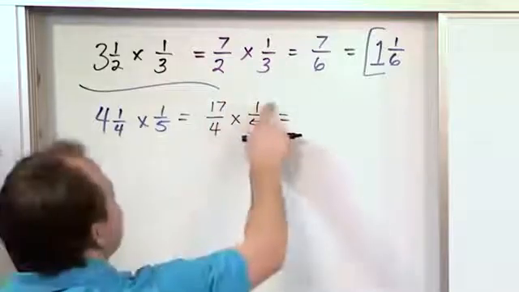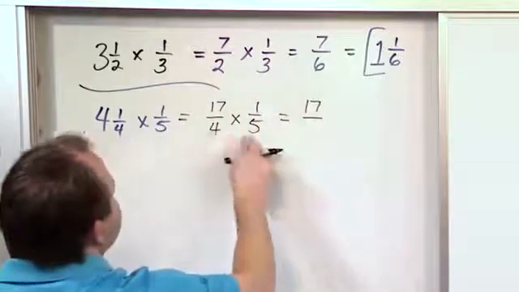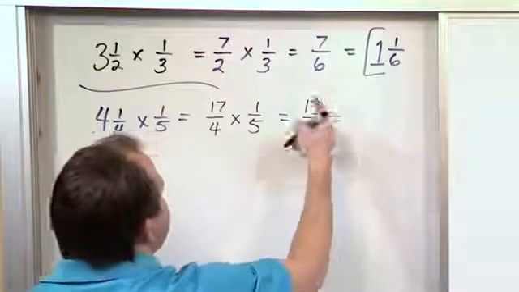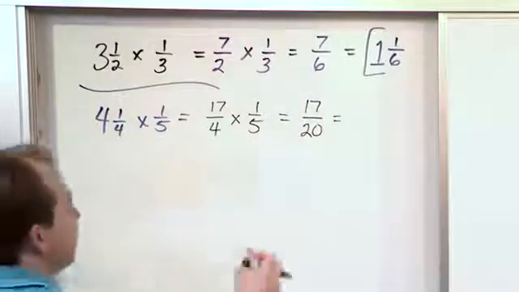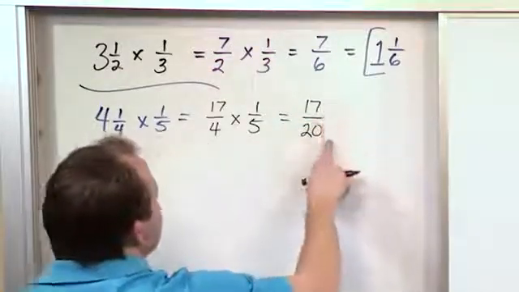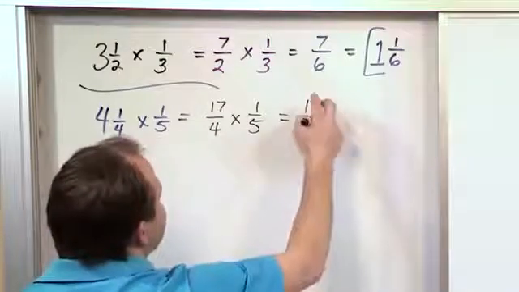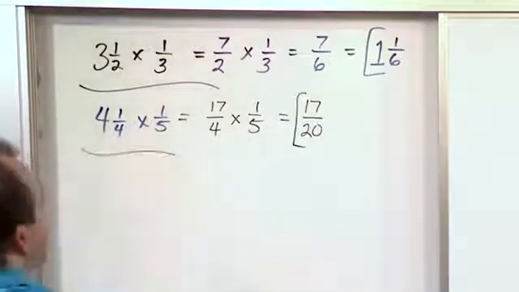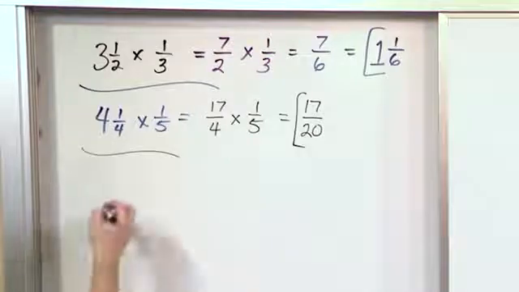And now 17 times 1 becomes 17, 4 times 5 becomes 20. And then this is 17/20. Now there's nothing else to do here because it's not an improper fraction and I can't simplify this anymore, so we just circle the answer, 17/20.